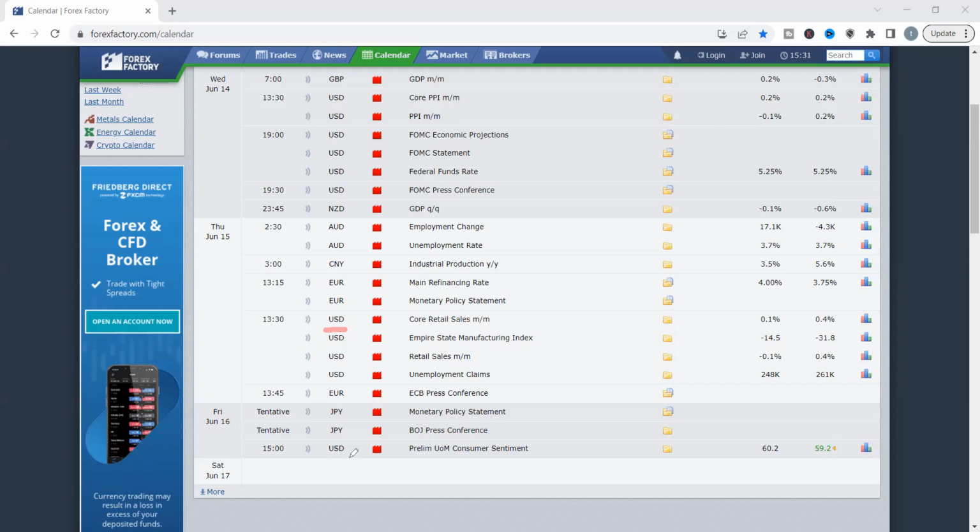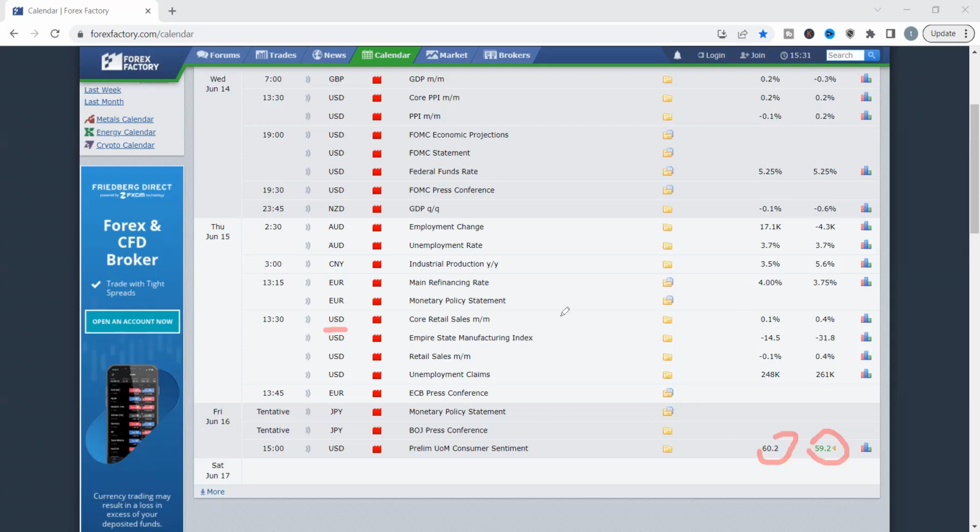And of course, we have the BOJ press conference as well, the monetary policy statement. And of course, we'll wait to see how their interest rates would be. Most likely, they're going to hike the rate. As you can see, expectation is 60.2 as opposed to 59.2 from the last one. And we'll see how everything is going to play out at the end of the day, right?